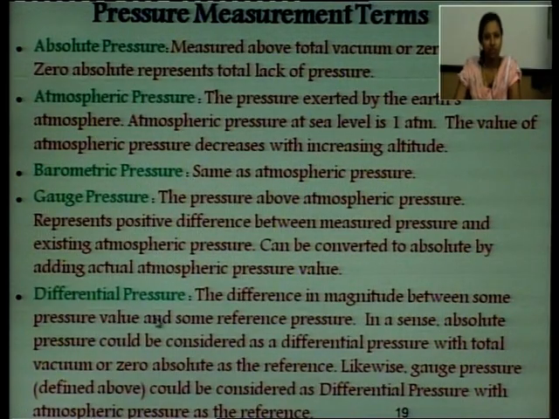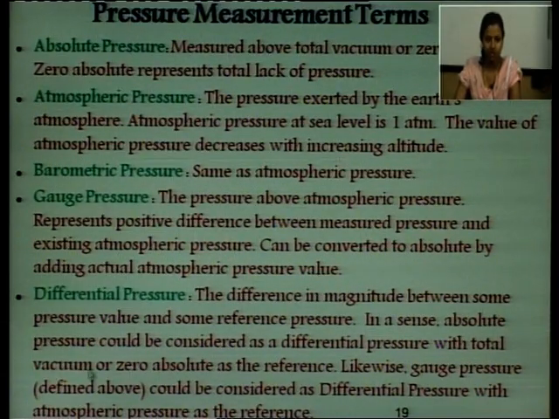Next one is differential pressure. As from its name, it is mainly the difference between two levels of pressure. So, the difference in magnitude between some pressure value and some reference pressure, that is called differential pressure. In a sense, absolute pressure could be considered as a differential pressure with total vacuum or zero absolute as a reference.